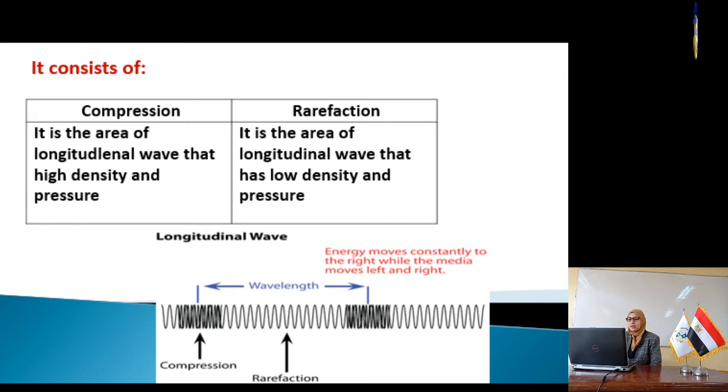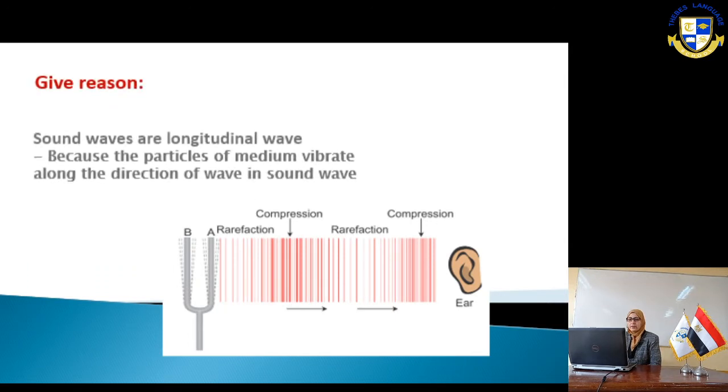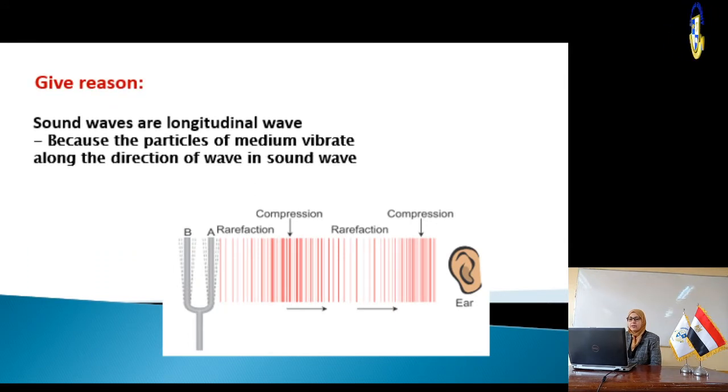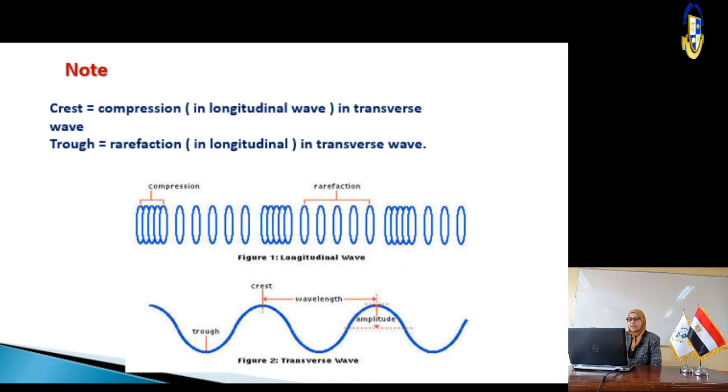Slide number 9. Give reason. Sound waves are longitudinal waves because the particles of the medium vibrate along the direction of the wave in sound waves. Slide number 10. Note, crest is equal to the compression: crest in the transverse wave, compression in the longitudinal wave, but trough equals rarefaction.